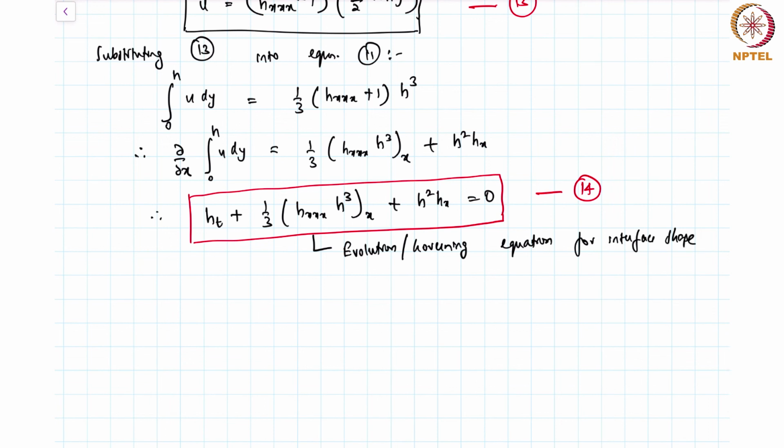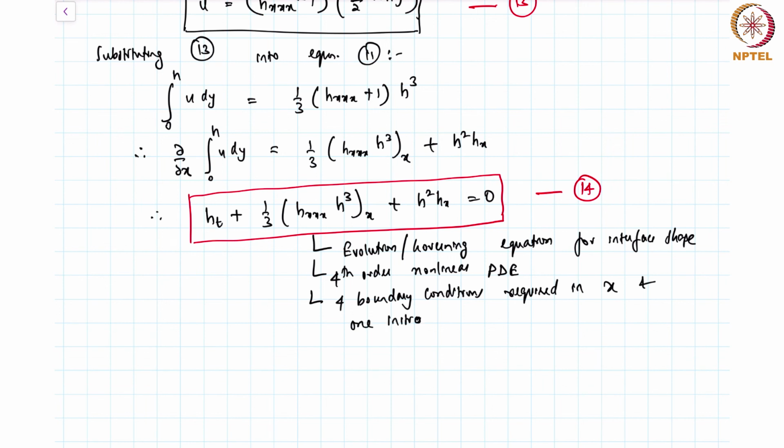Okay, it's a fourth order nonlinear PDE. Remember, it's a PDE because we have variations in time and x. So it means that fourth order PDE, and we have 4 boundary conditions required in x and 1 initial condition in time.